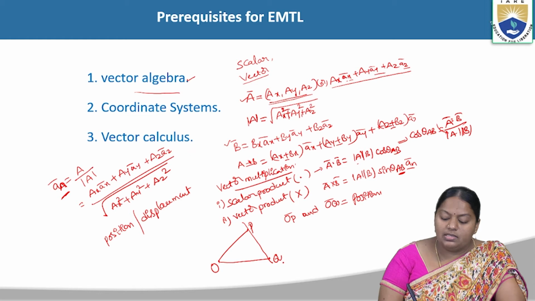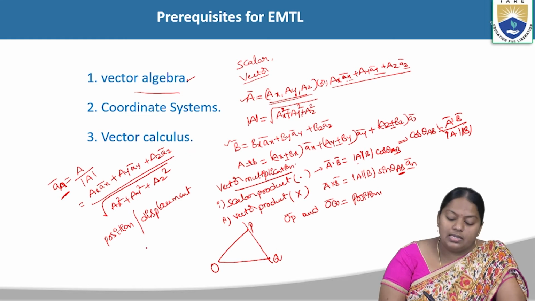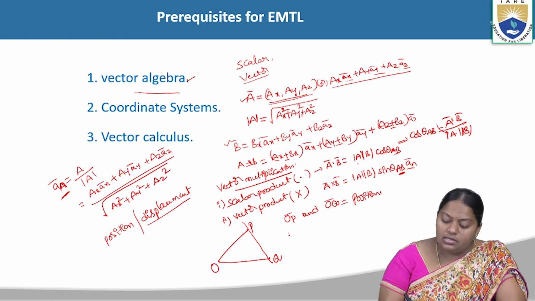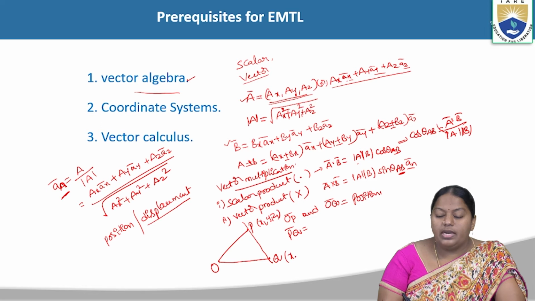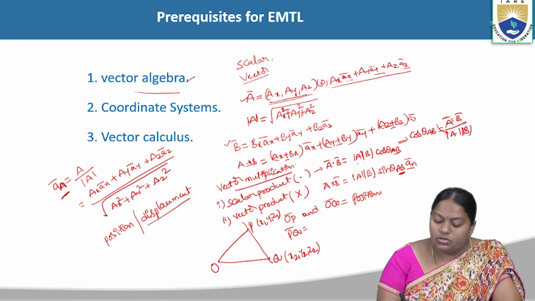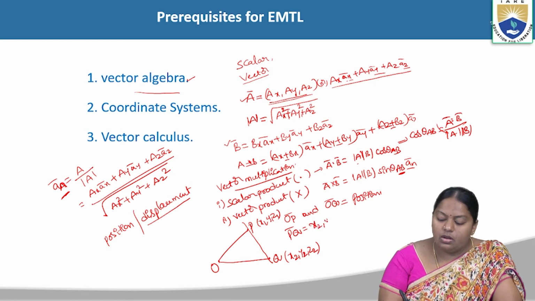Then we want to find the distance between P and Q. That vector is said to be the displacement vector. PQ bar can be written as: if the point P is located at x1, y1, z1 and Q is located at x2, y2, z2, then the distance between the two can be written as (x2, y2, z2) minus (x1, y1, z1).